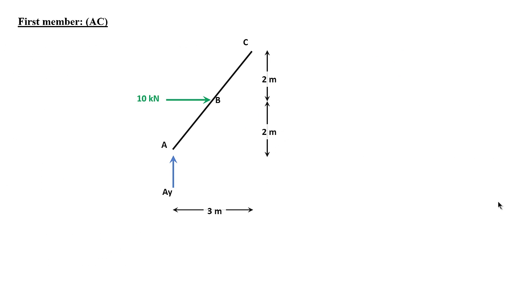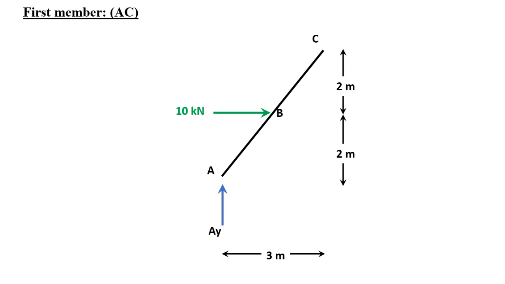So member AC, this is the member, and guys, I need you to focus here because this is the tricky part of the whole problem. Okay, so if I have this member AC, before I continue, I need to find the length of the segment AC.